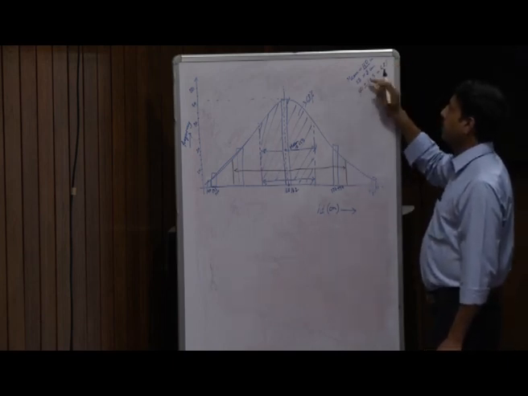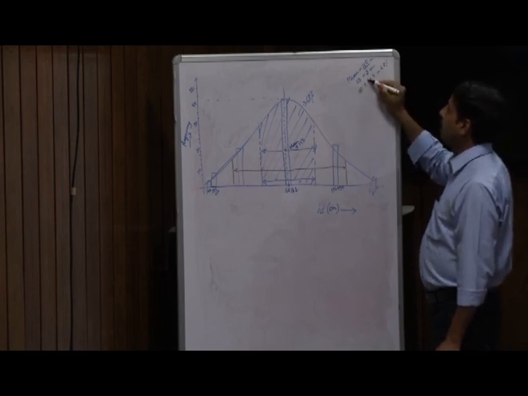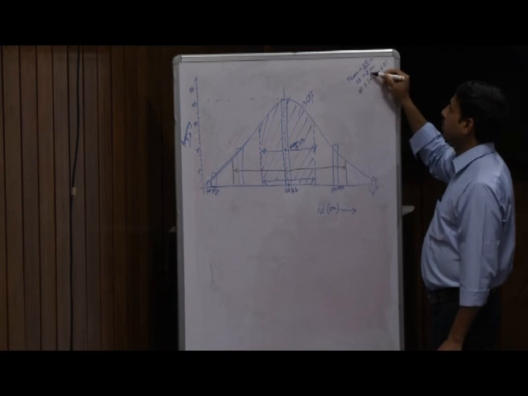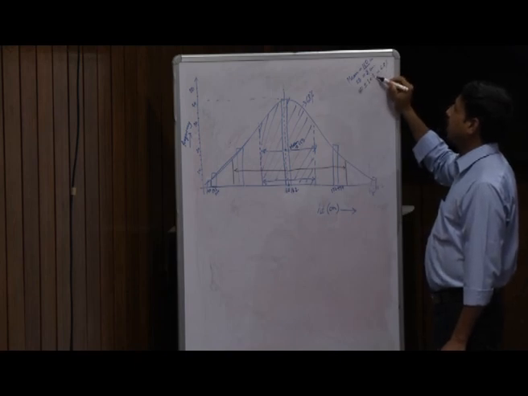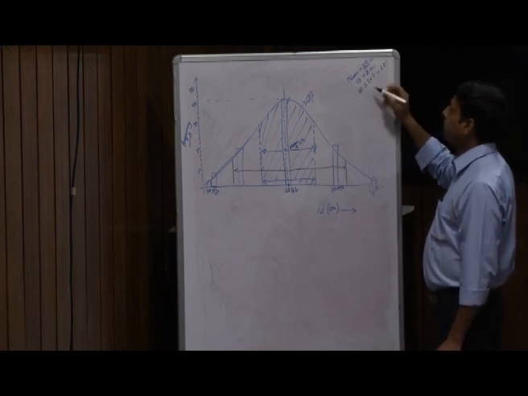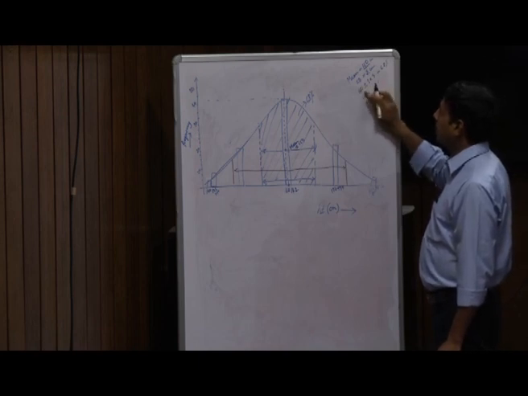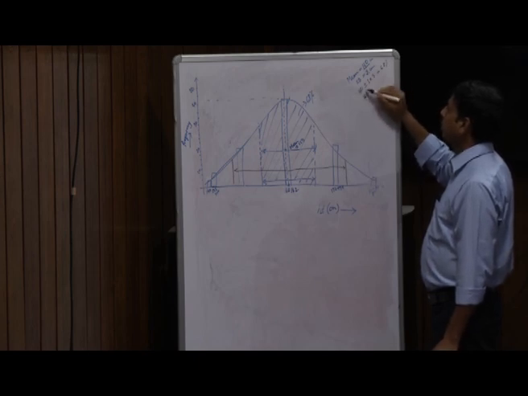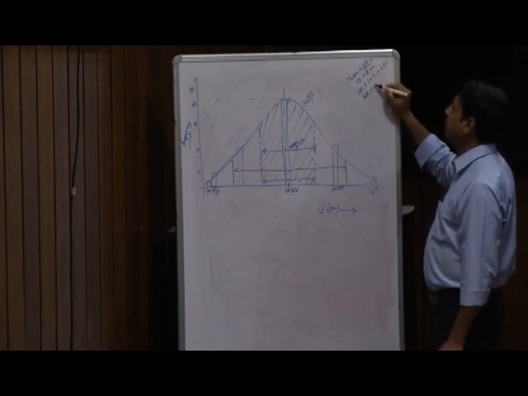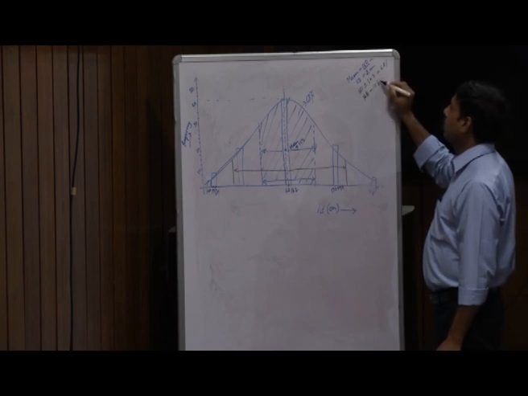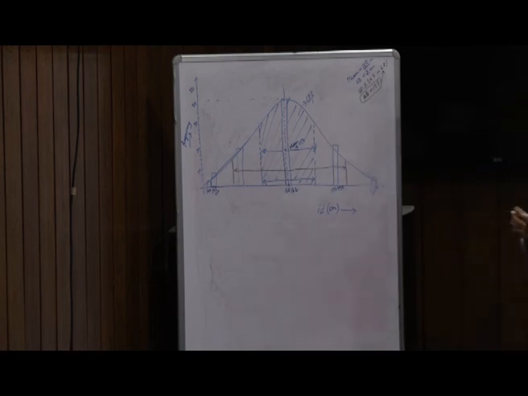From the mean value 160 centimeter, if we go 1 into SD value 3, within that range, mean 160 plus 3, 163 centimeter to 160 minus 3, 157 centimeter. Within this range 68% of the population exists.